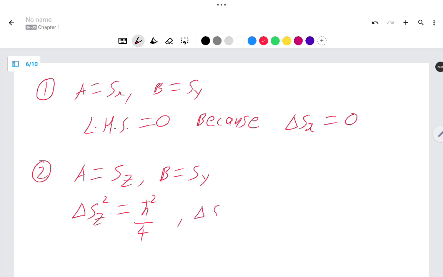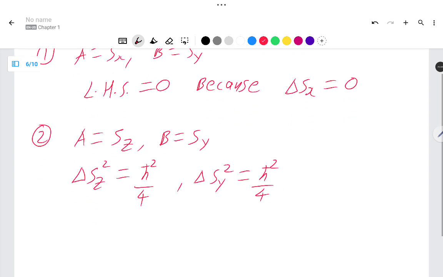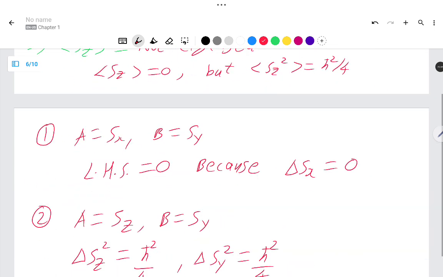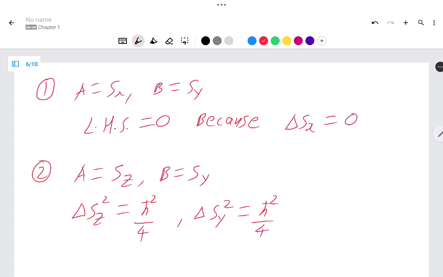Similarly, delta Sy squared is also h squared by 4. So their product will be h to the fourth by 16.